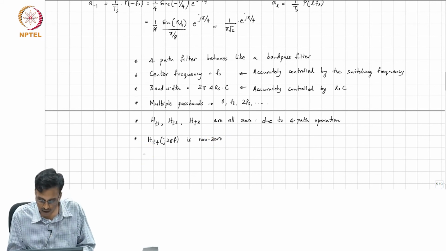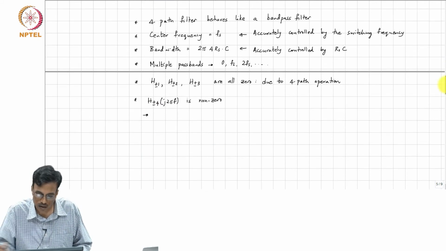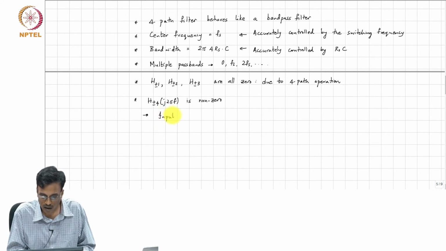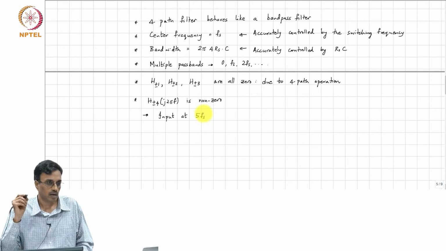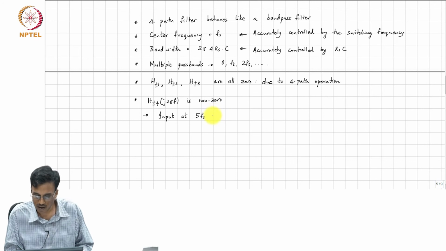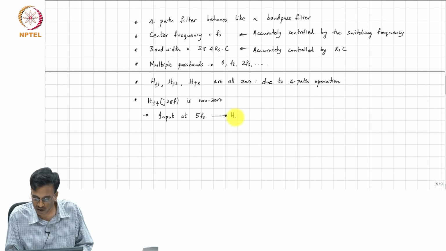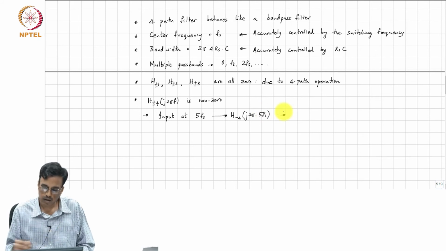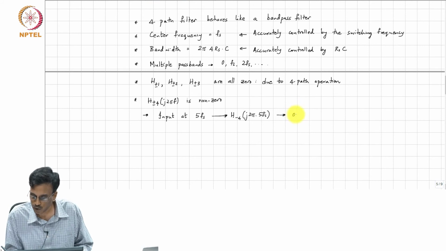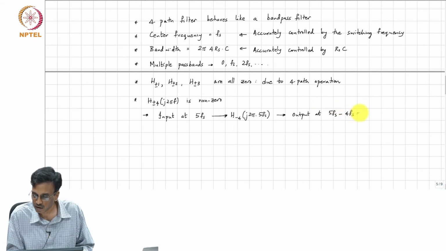right. That means input at 5 Fs will get down converted through H minus 4 of j 2 pi times 5 Fs and yield output at 5 Fs minus 4 Fs, which is Fs.